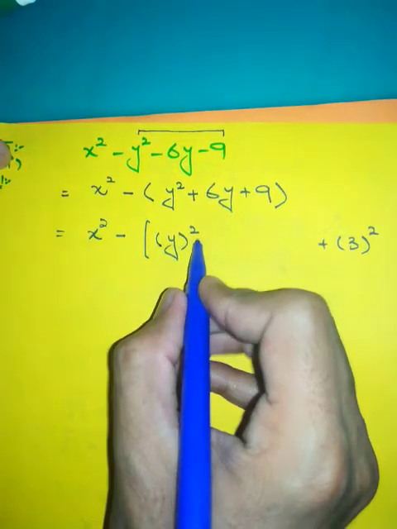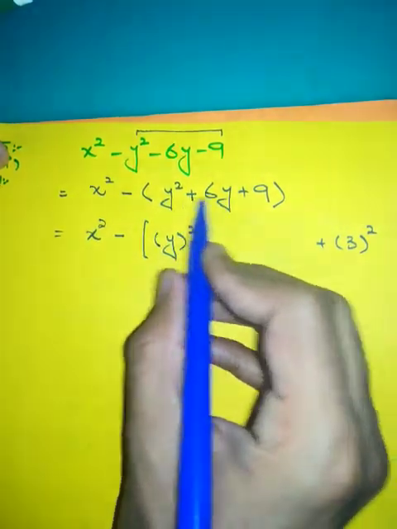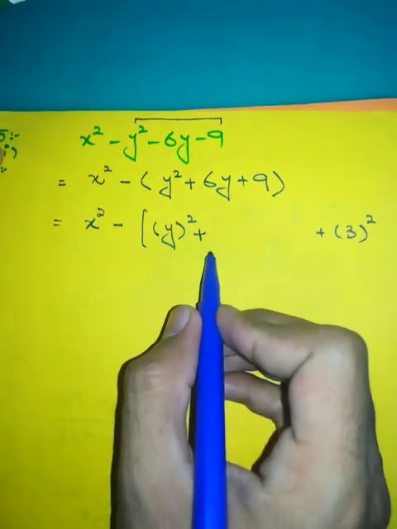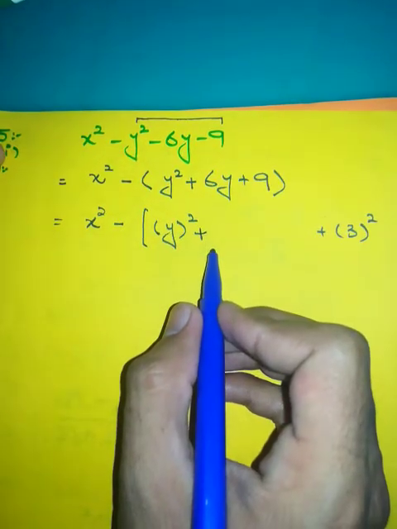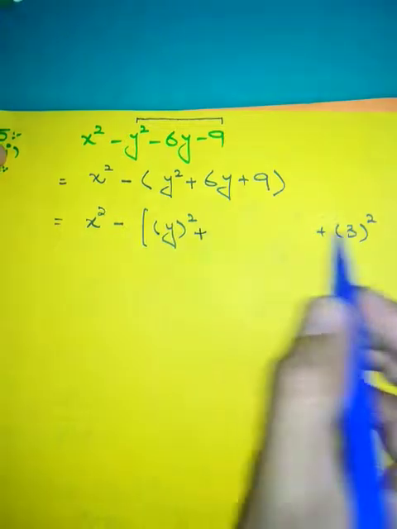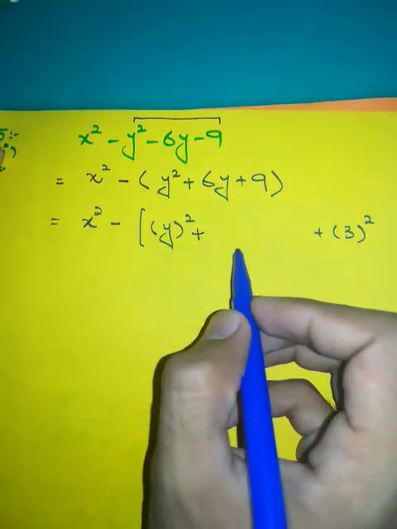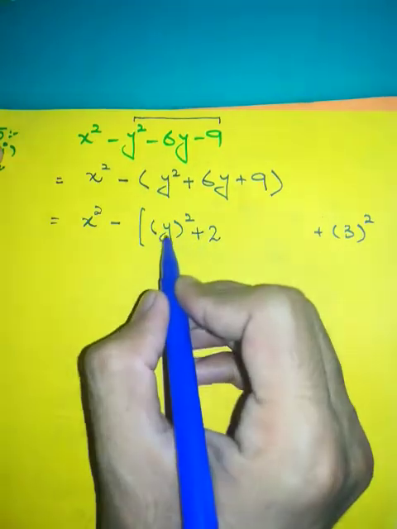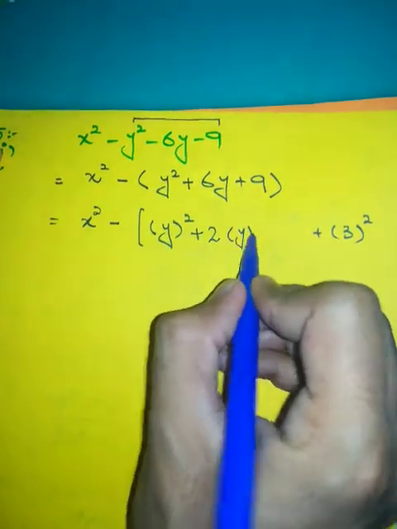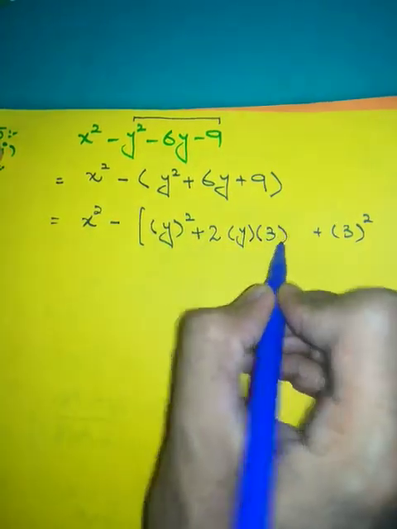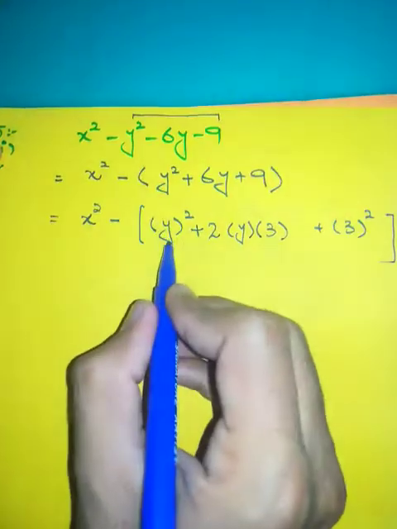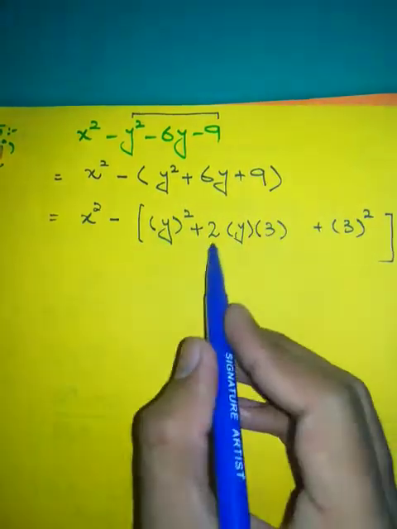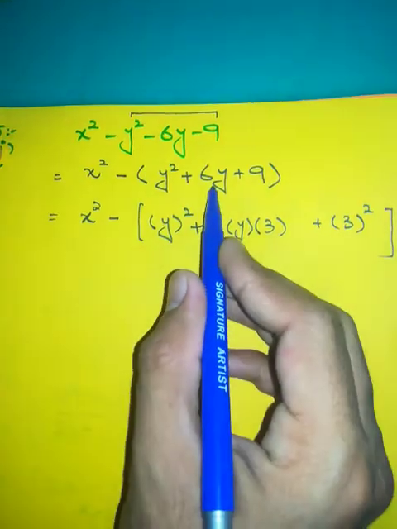The sign is positive because 6y is positive, so we use the formula with a positive sign: a square plus b square plus 2ab. Here a is y and b is 3. Now check: y square, plus b square which is 9, plus 2ab, 2 times 3 is 6y.